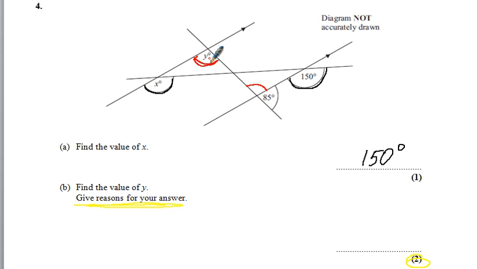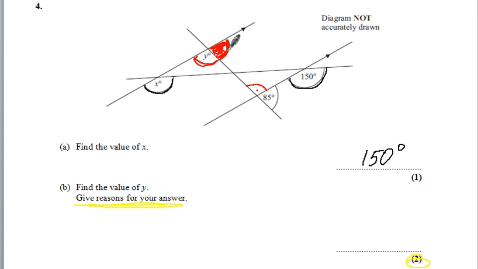So therefore, to find my angle y, I will subtract 85 from 180 to find the angle that is alternate to my y, and then I can state that y is whatever is left, 95 degrees, right? Or you can think that 85 is corresponding to this angle. Can you see they are corresponding?